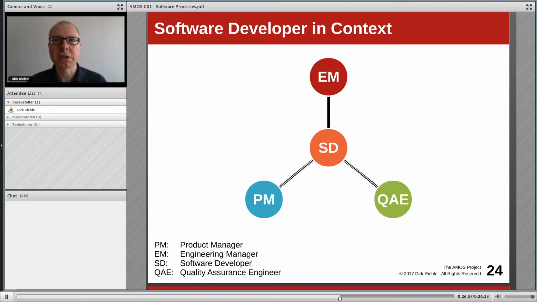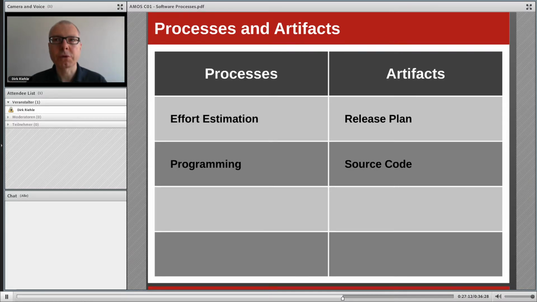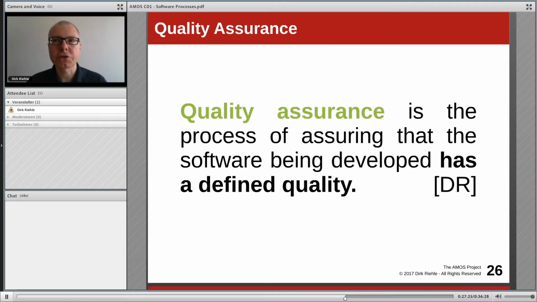The product manager explains the actual content, what do the features mean, and the quality assurance engineer provides feedback about the quality of the code being developed, mostly in the form of bug reports, but also other form of reports. And so these are the two key practices: estimating the size or effort of some job coming up, and also performing the actual job.